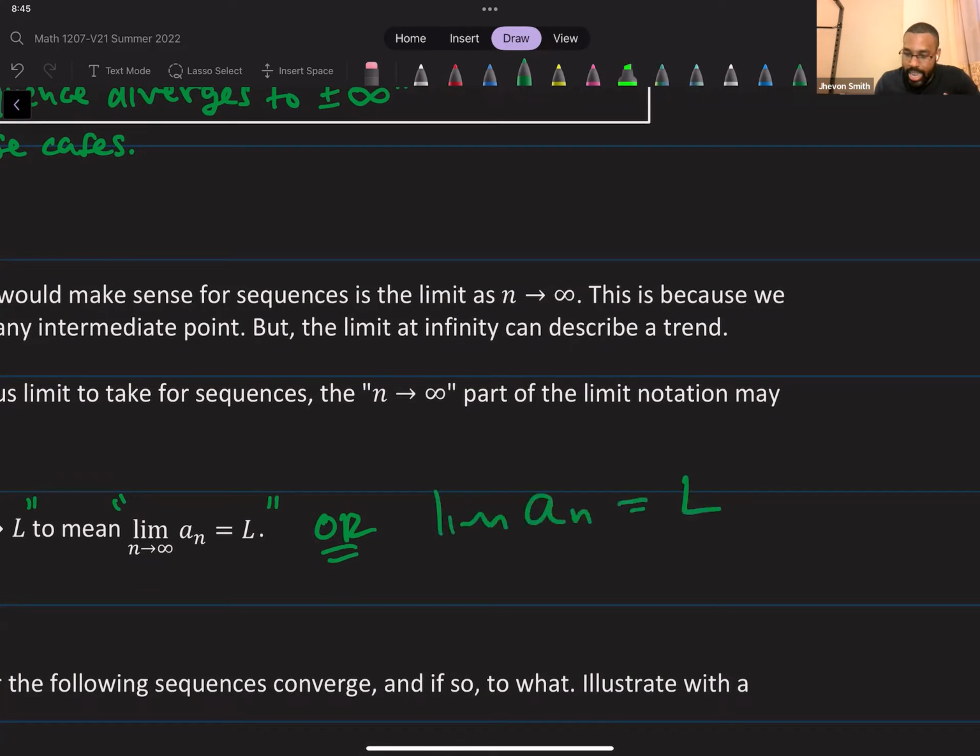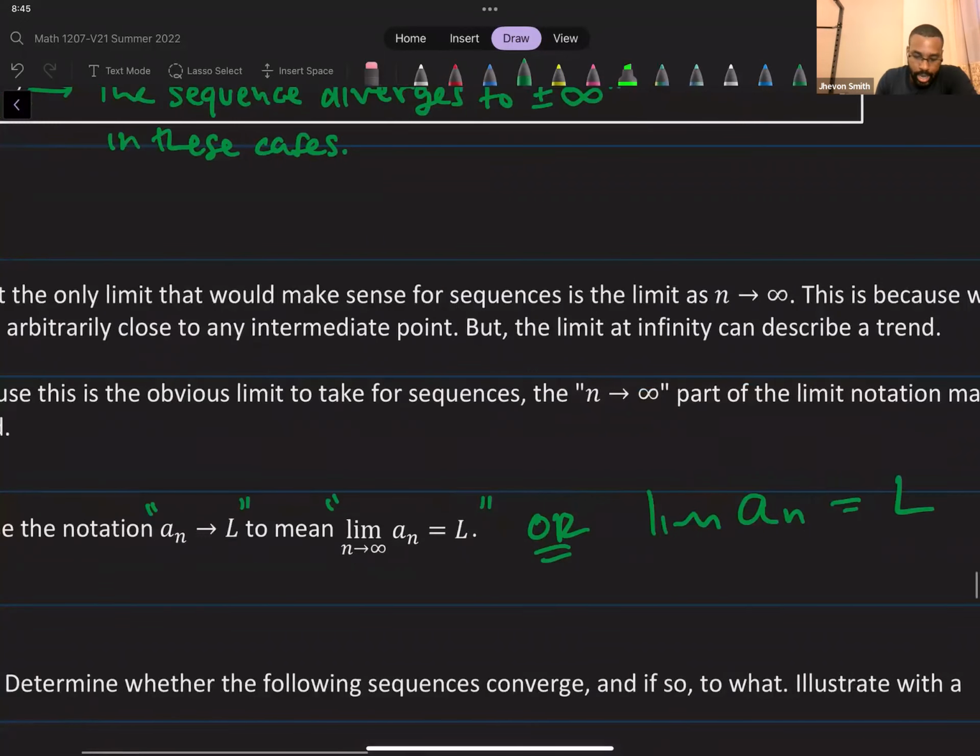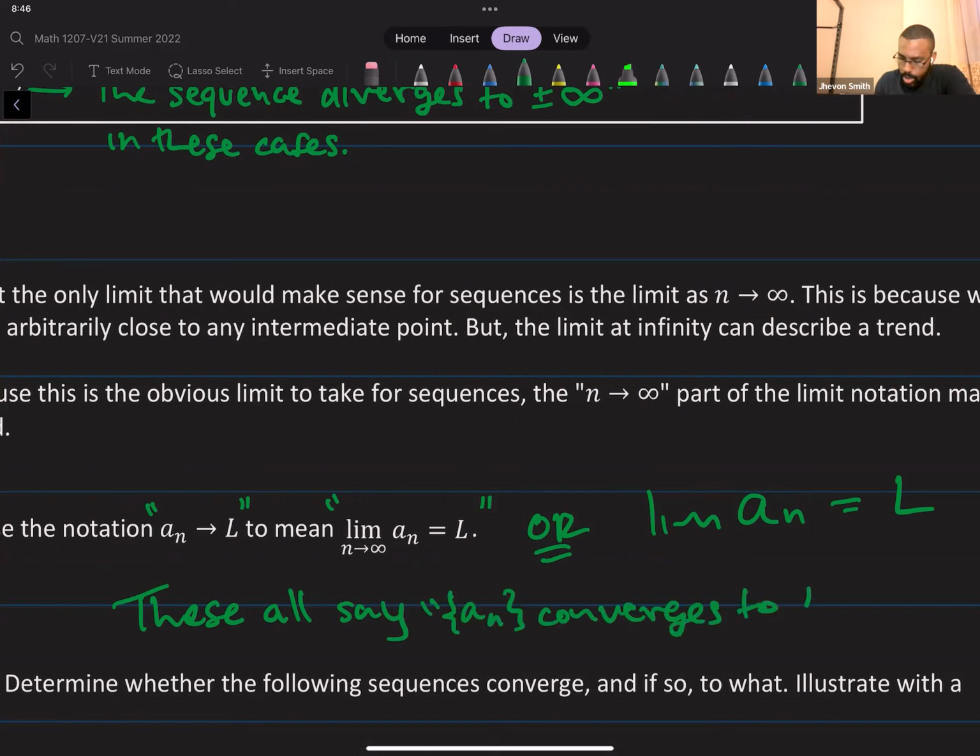We'll just say the limit of a_n equals L, because everyone knows we're talking about an infinite limit since it's a sequence. So you'll leave out the n goes to infinity part. And these all say a_n converges to L.